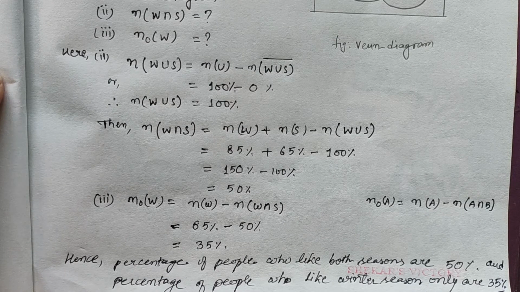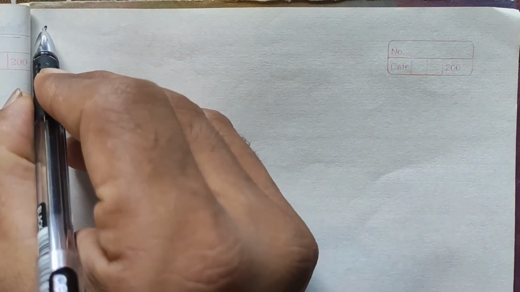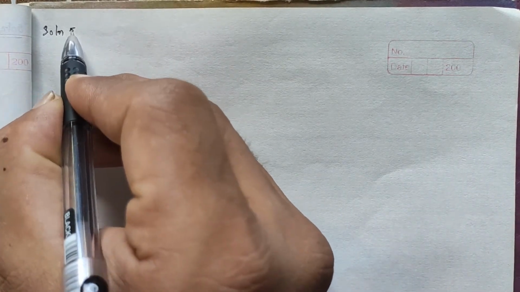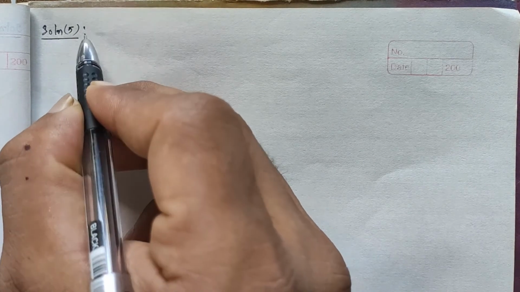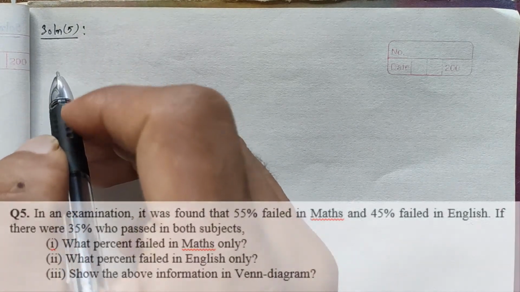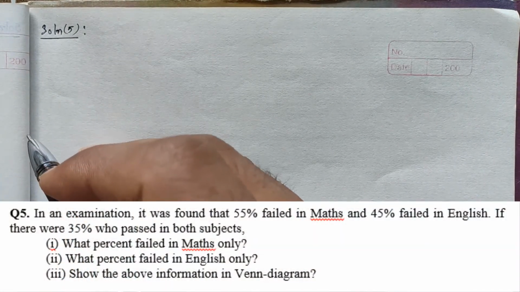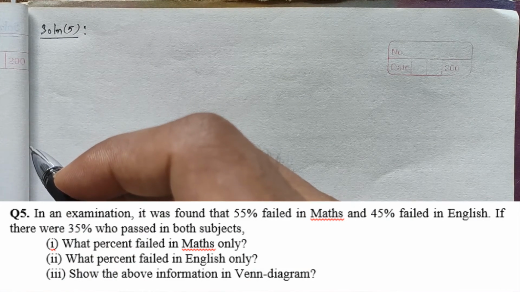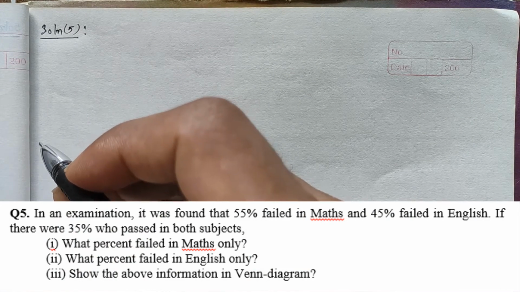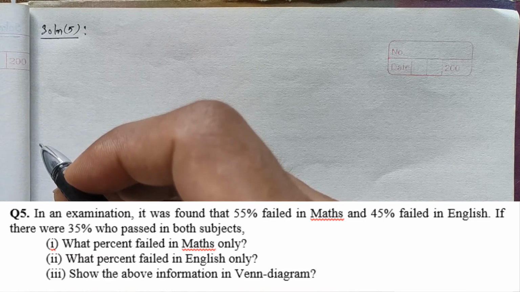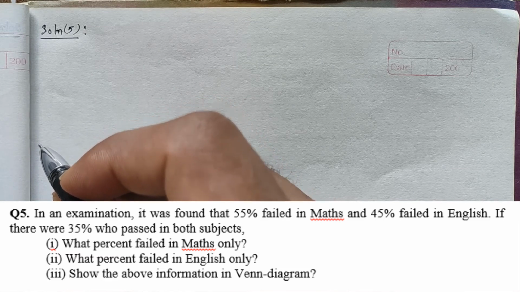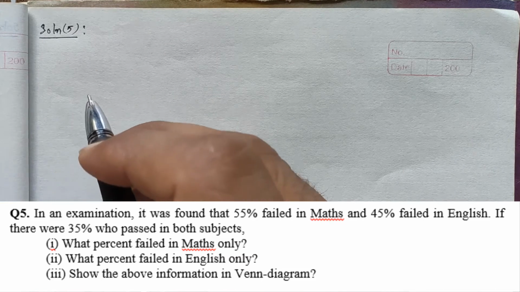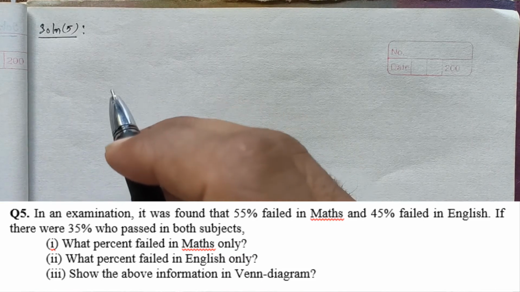Okay, let's move on. Next question, number 5. It is also in percentage, but see the question. I will explain the question first. 55% failed in maths, and 45% failed in English. So it means the question is in negative, the fail.